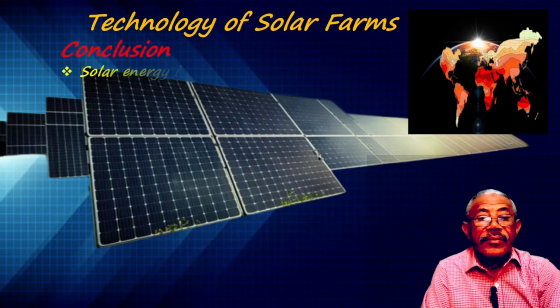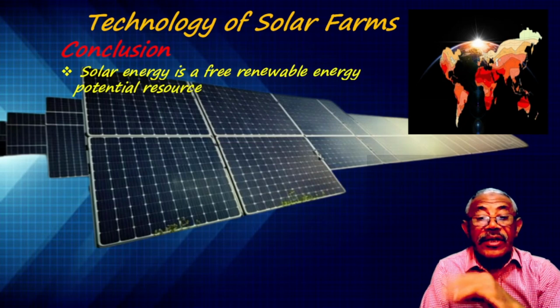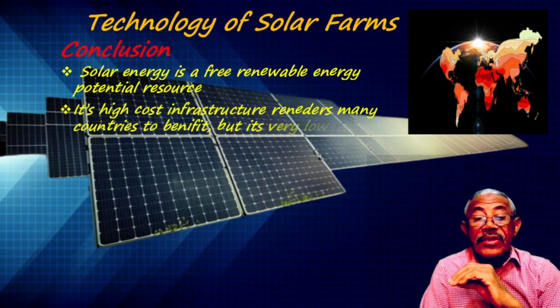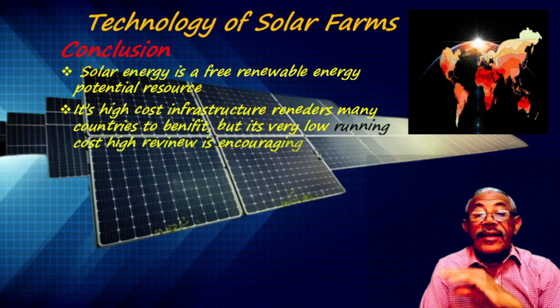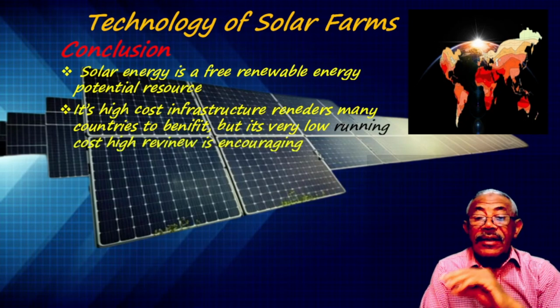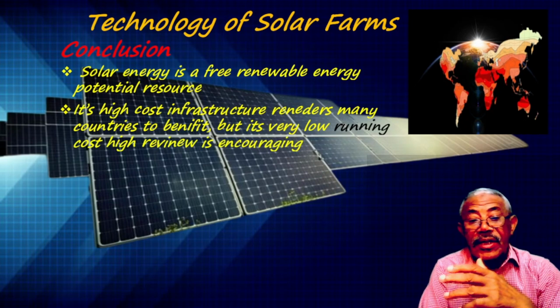Conclusion: solar energy is a free renewable energy potential resource. Its infrastructure cost prevents many countries from benefiting, but it has a very low running cost. High revenue is encouraging.